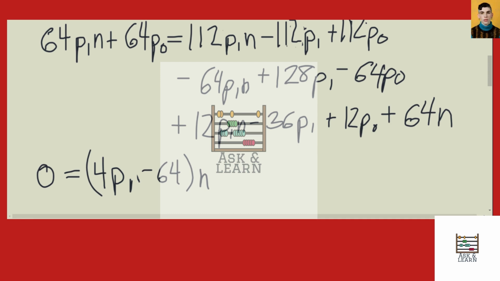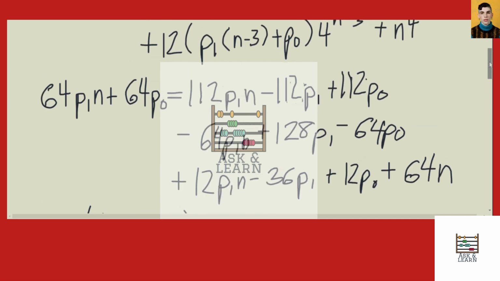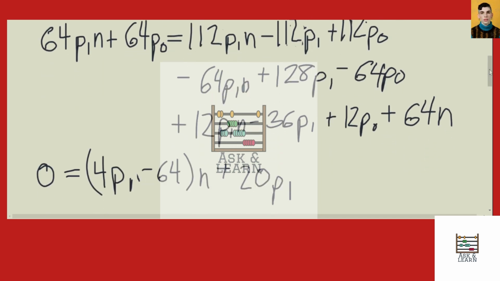And then for the constant term, for moving everything to the left, we have plus, first with the p1 terms, we have 112 minus 128, which is negative 16 p1, and then add to that 36 is plus 20 P1.